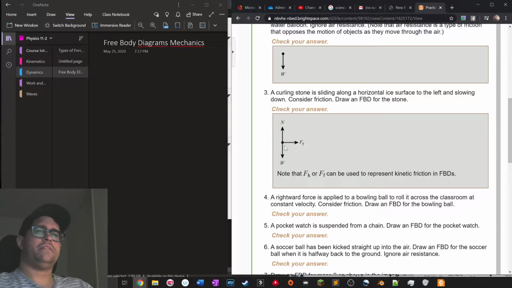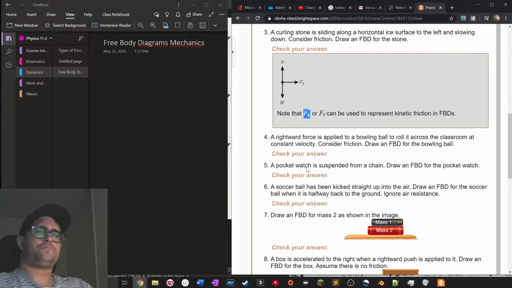Okay, good. And these two would be equal, N and W. Ff or Fk, we've seen this before. Ff is general, but Fk is more specific, the kinetic friction force. You see it pointing right, so that means the object would be moving left.